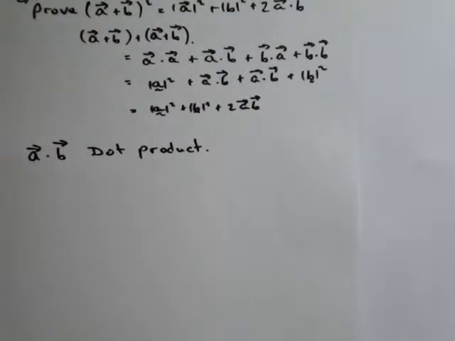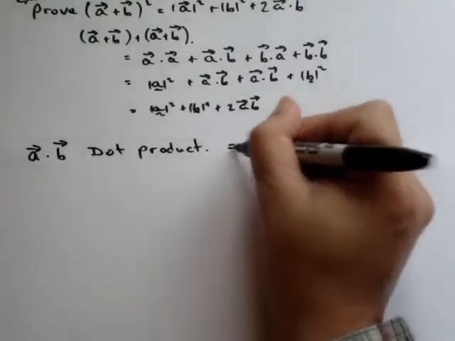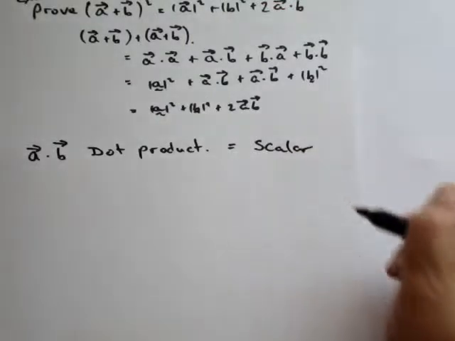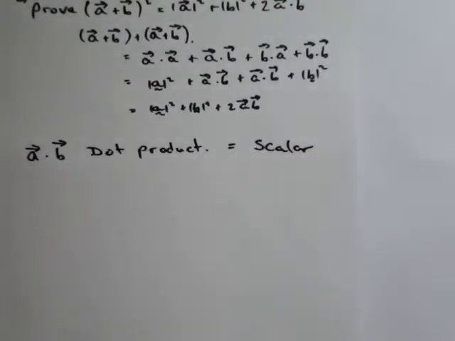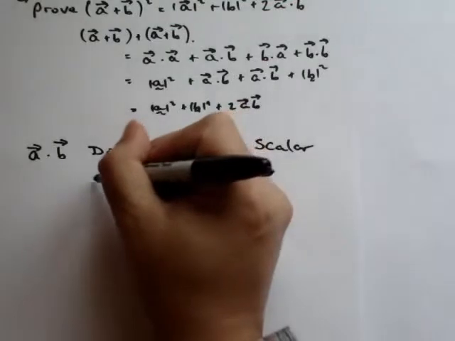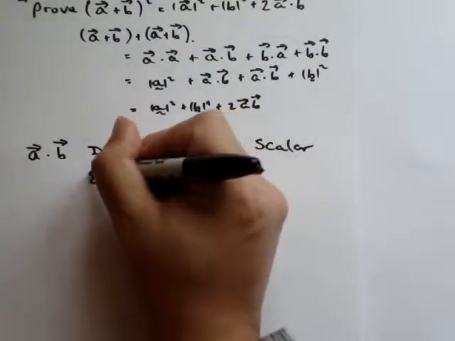Now, a dot product always gives you a scalar quantity, and how we do this is by multiplying across: we multiply the unit vector i with the unit vector i, and the k with the k, and the j unit vector with the j.